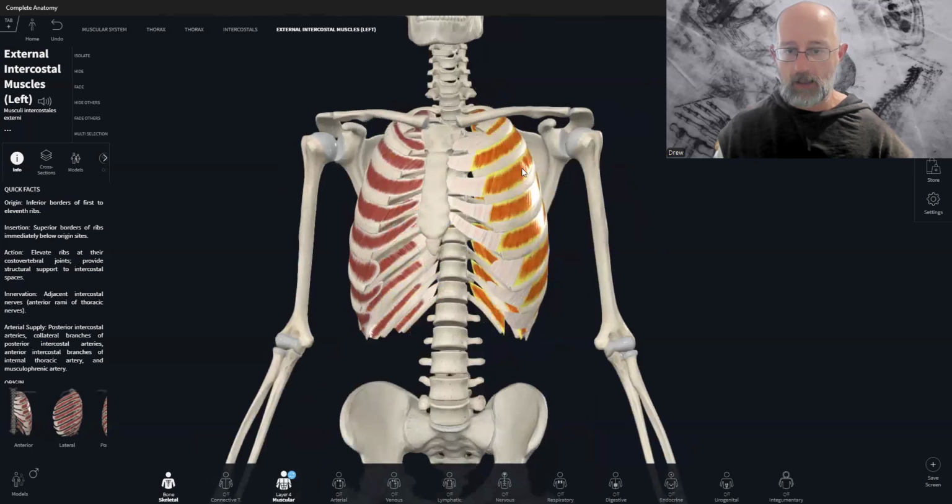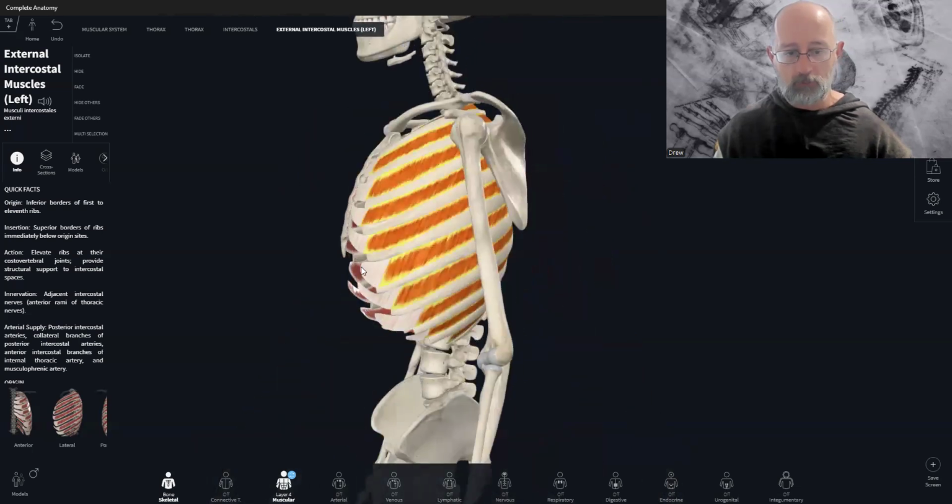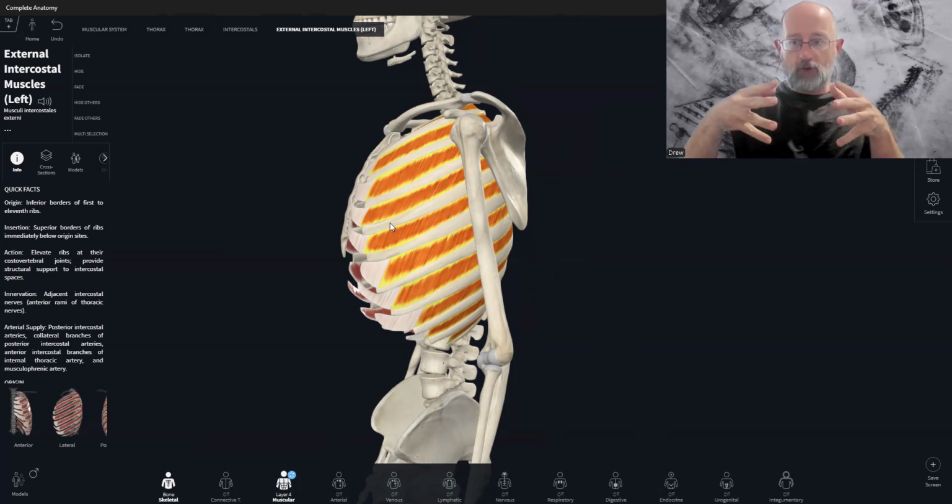The external intercostals are pulling the ribs down. The diaphragm is pulling the ribs downward as well. And that downward movement of the external intercostals, in conjunction with the spinal extension, changes the entire orientation of the rib cage, and it allows it all to expand and open.